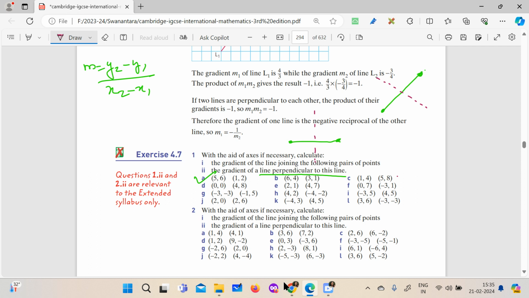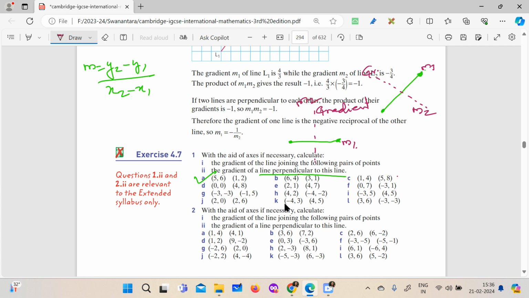This second part of the question is asking you the gradient of this perpendicular line, right? Let me say the gradient is m1 for this line, and the gradient of the perpendicular line is m2. Now there is a condition.